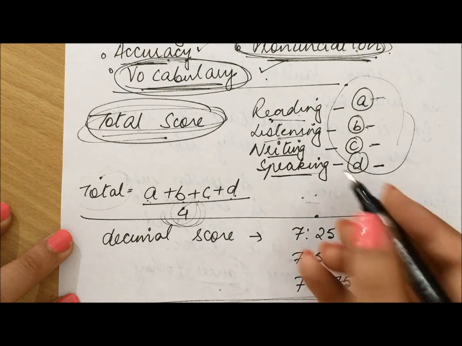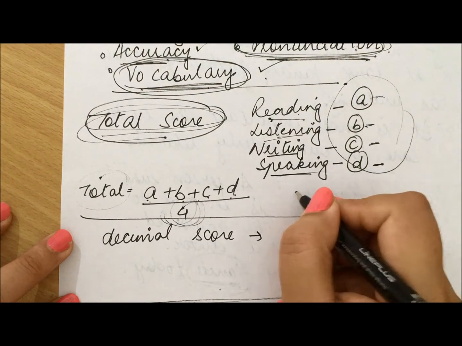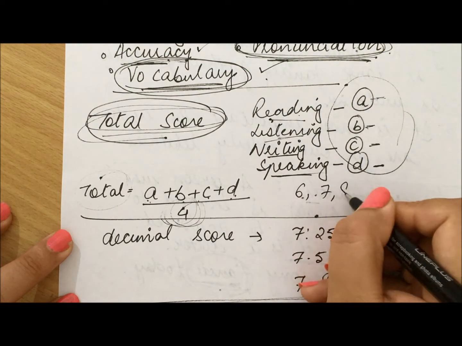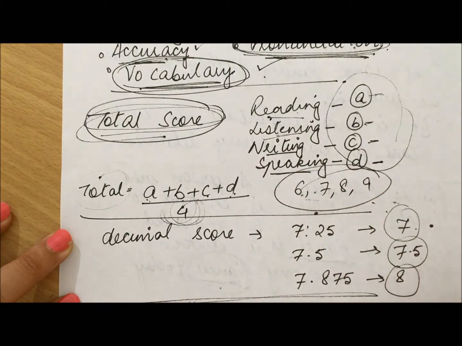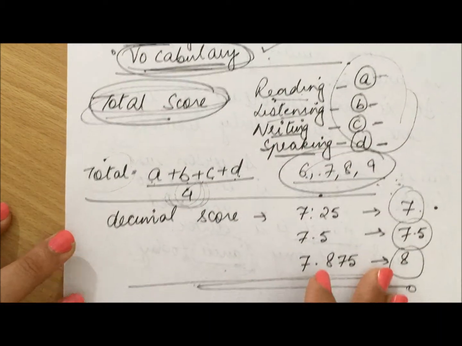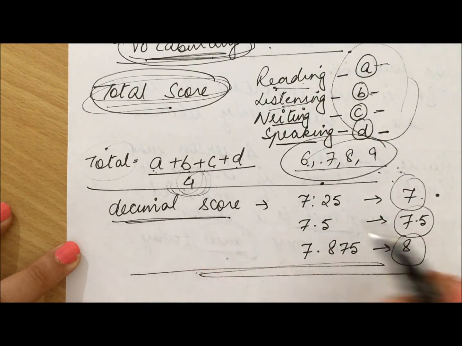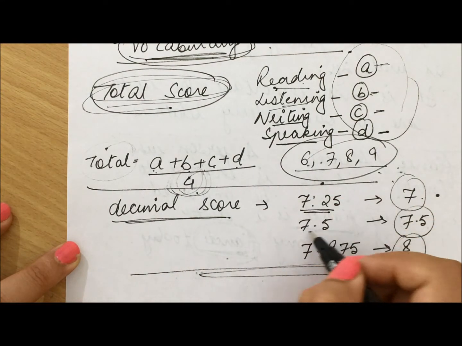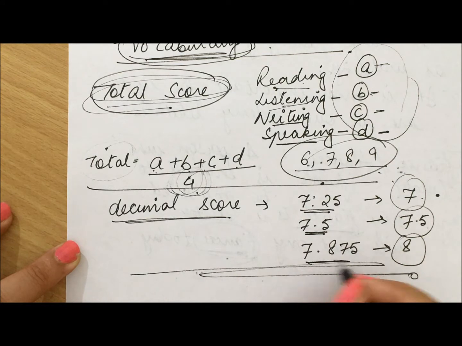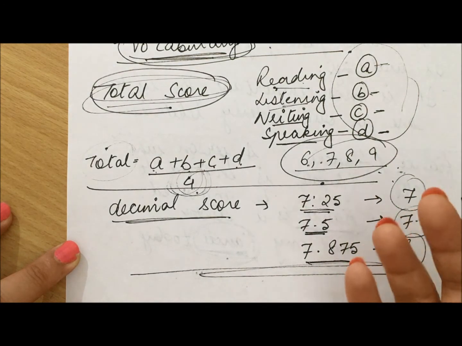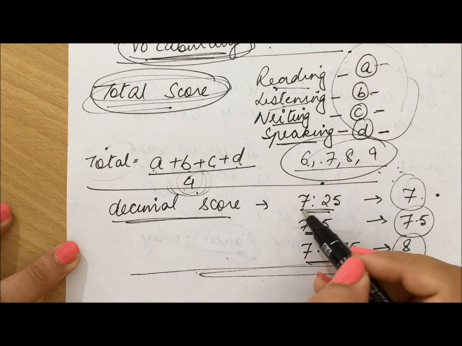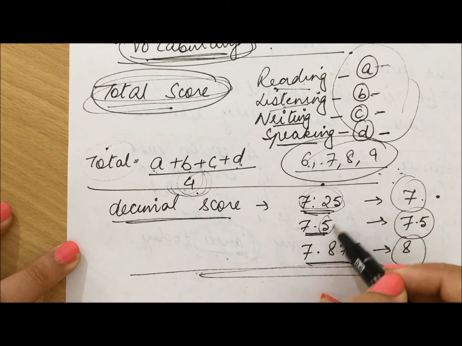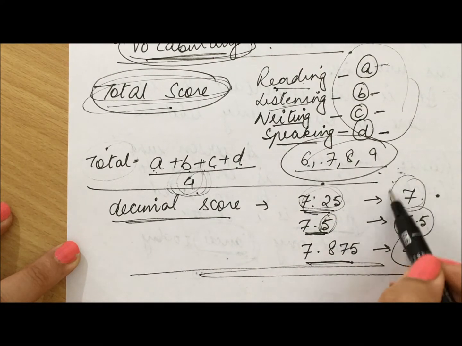Now if you get a full score, like a whole number, like let's say 6 or 7 or 8 or 9, it's perfectly fine, the whole number. But if you get a decimal score, like after dividing, if you get 7.25 or you get 7.5 or you get 7.875, how do you then get your score? So 7.25 is, since it is less than 7.5, it will be rounded off to 7. Okay.